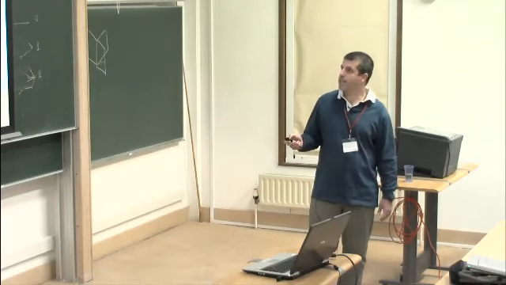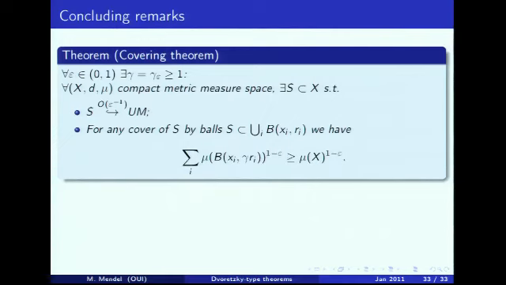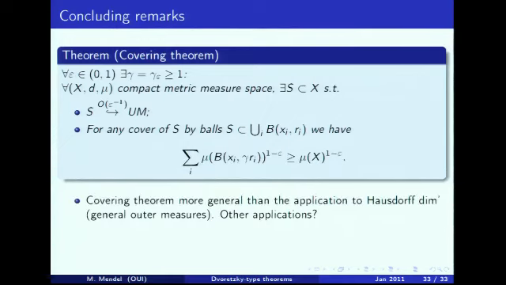That's it. And so this is actually the main theorem that I discussed in this talk. The covering property is a little bit more general than the way we applied it. We applied it to Frostman measures that have this property that the measure of a ball of radius r is at most r to the power of beta. It's a little bit more general. It works for any measure, basically, any metric measure.